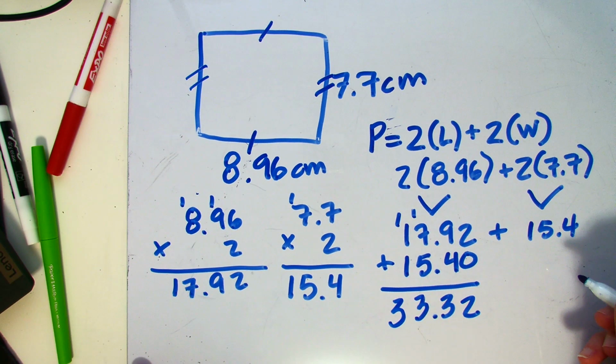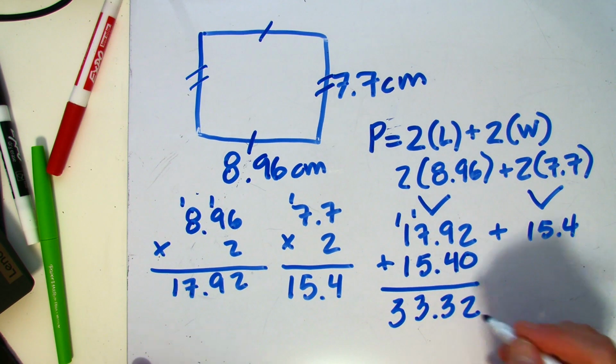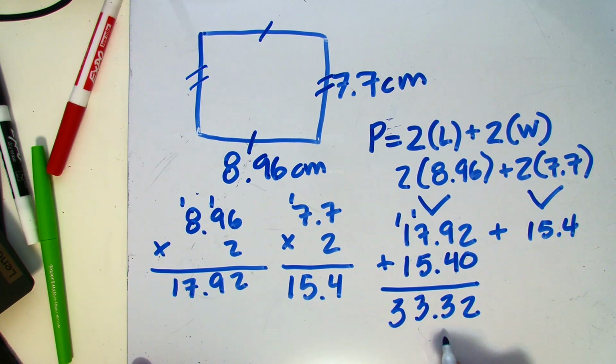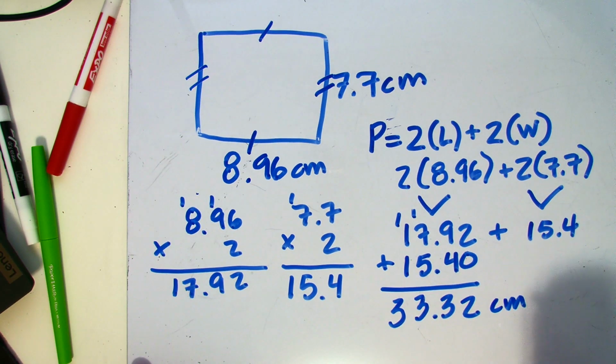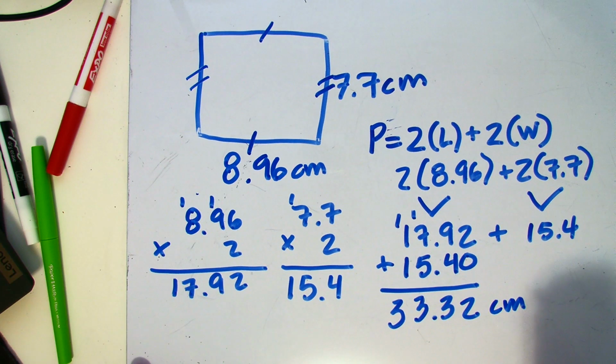And I get 33 and 32 hundredths, 33.32 centimeters. Remember that perimeter is a one-dimensional form of measurement. We're just measuring the distance around. So we don't need an exponent on this unit of measurement.